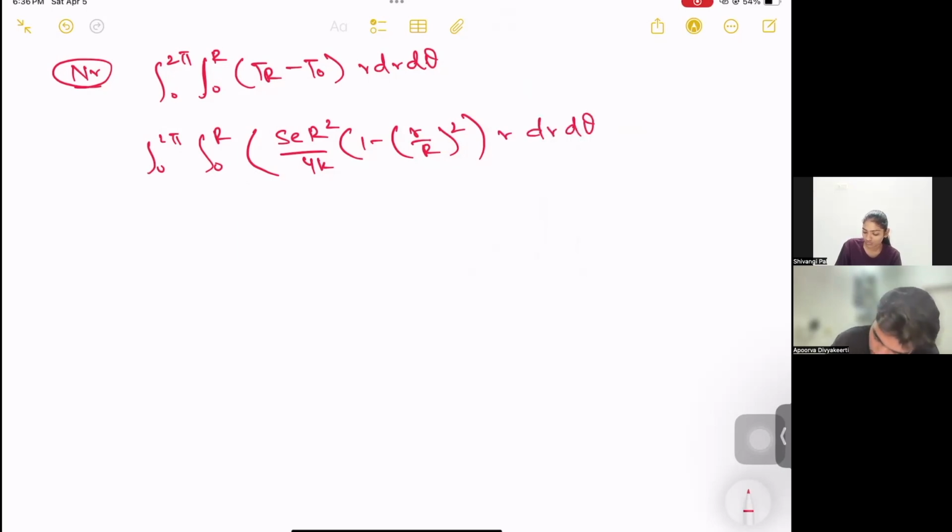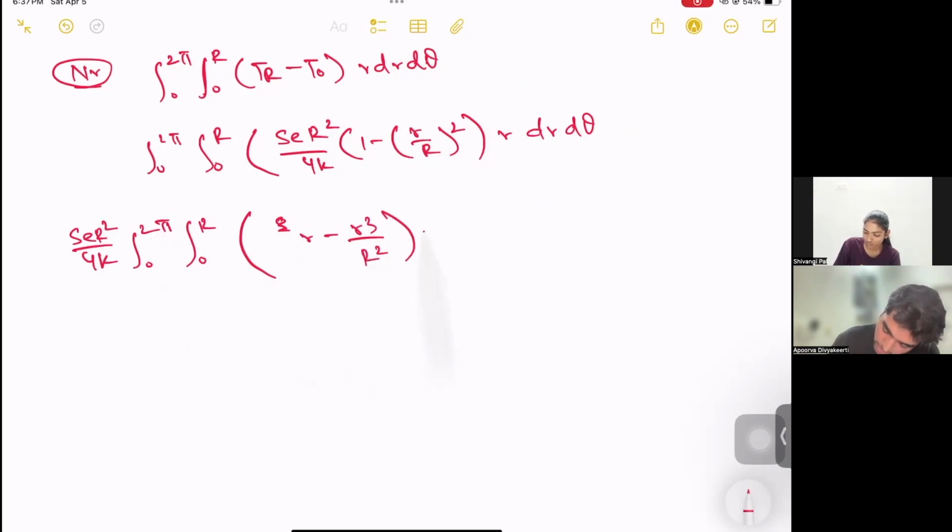Now it's easy. S E R square by 4k we can take outside because it's a constant. We are left with r minus r cube by R square, into dr d theta.